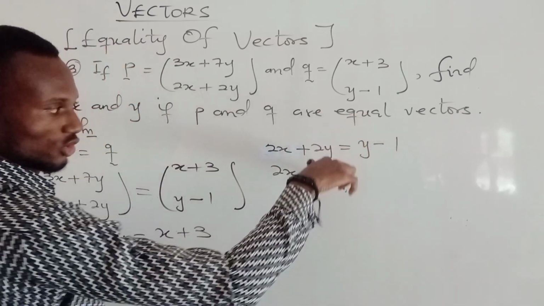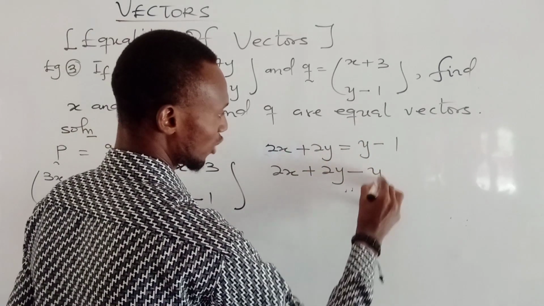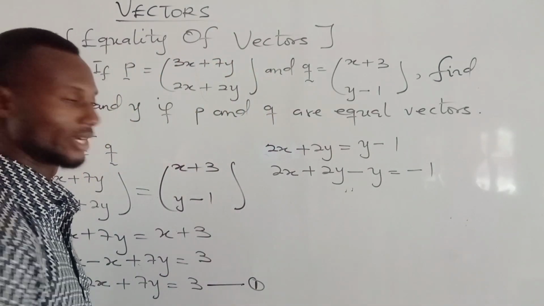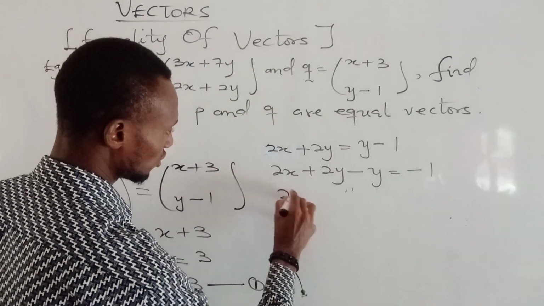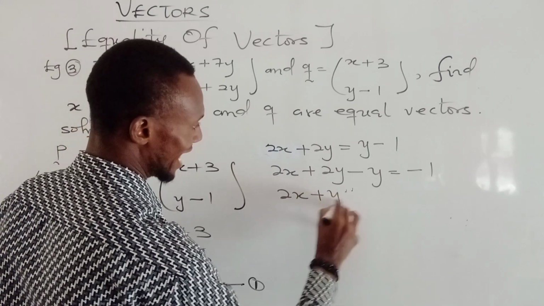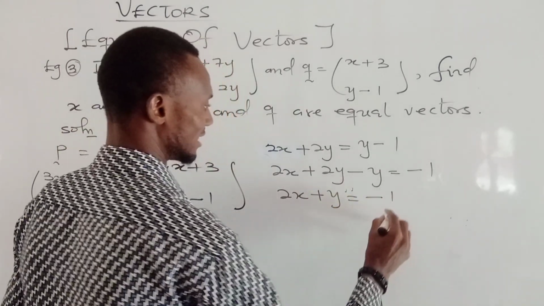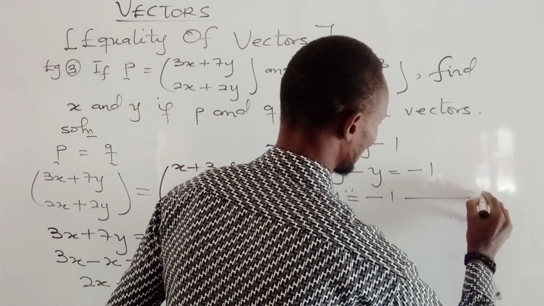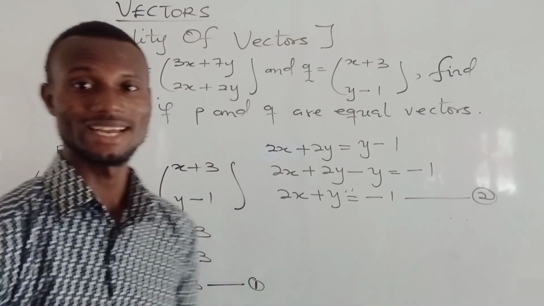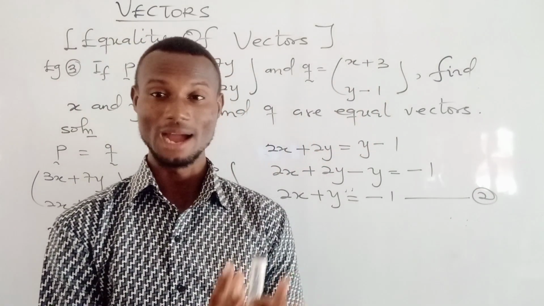This y will cross to come and join this, so minus y equals to negative 1. So I have my 2s, 2y minus y gives plus y equals to negative 1. So I'll name this one as equation 2. And I hope you understand and you agree with me up to this point.